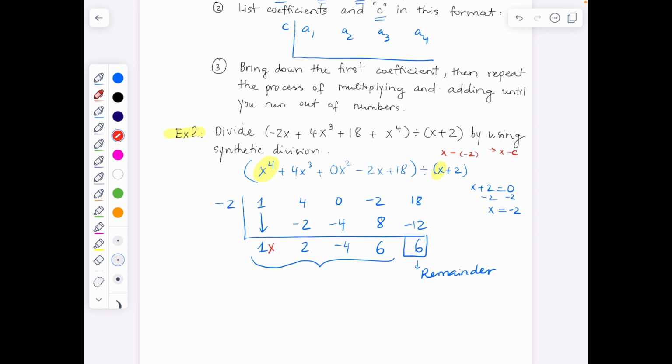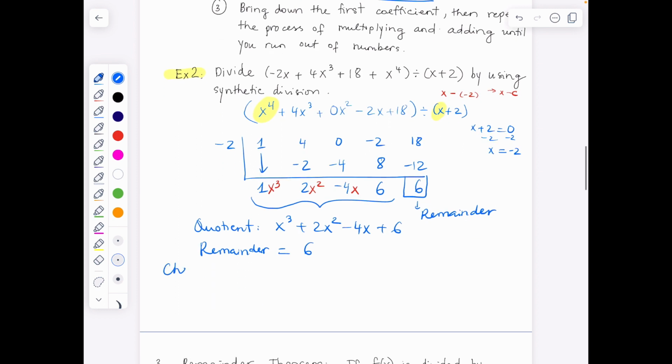Start with x cubed, which is 1 degree less than the dividend, then x squared, then x, and then 6. So the quotient is x cubed plus 2x squared minus 4x plus 6, with the remainder equals 6.